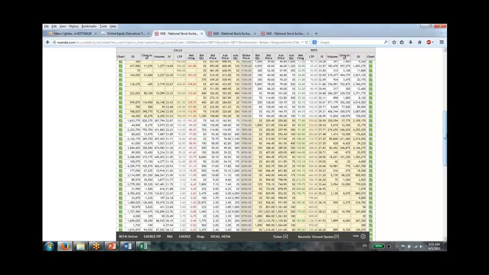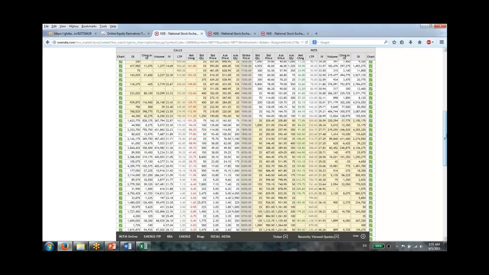In simple words, call delta is the change in the option price given a 1 rupee increase in the underlying asset. This is the basic definition of a delta.